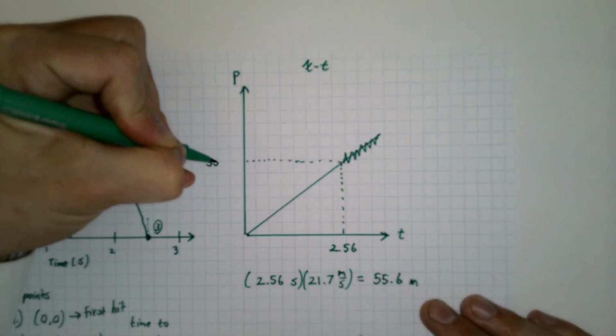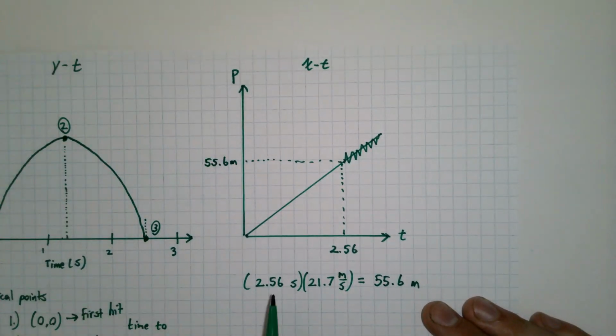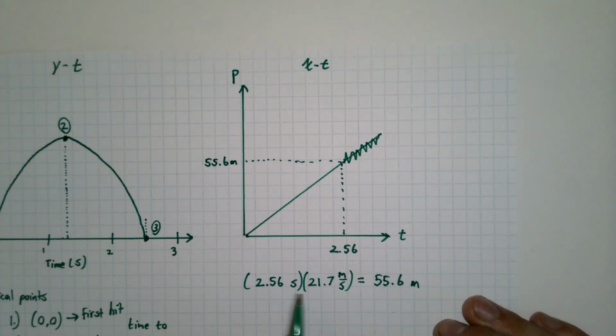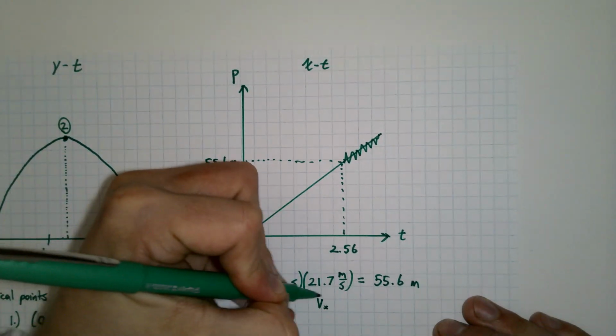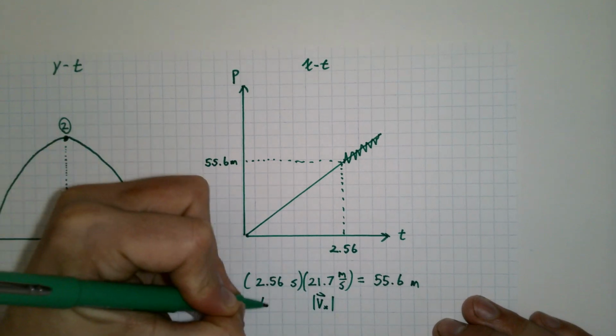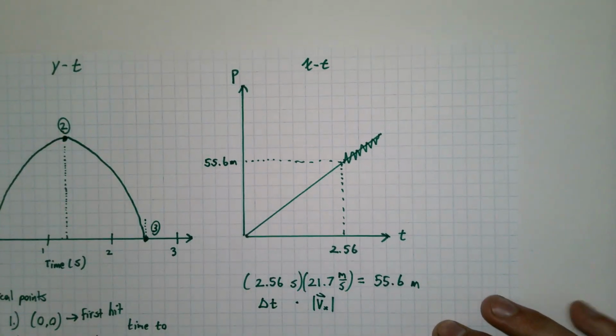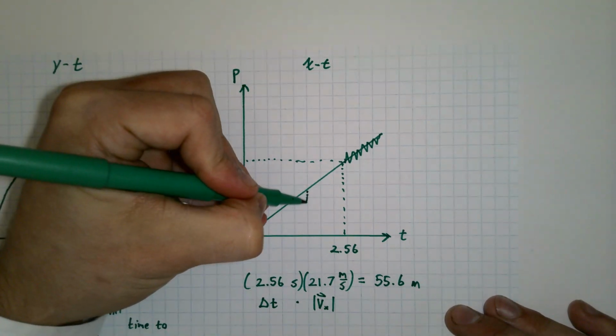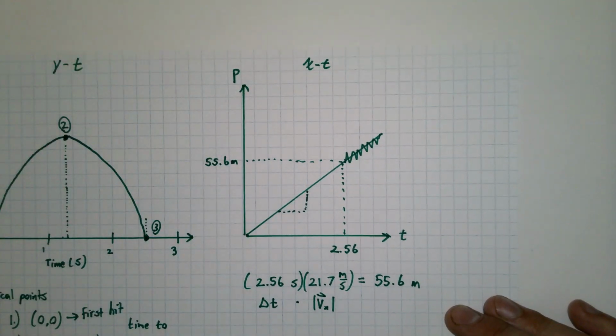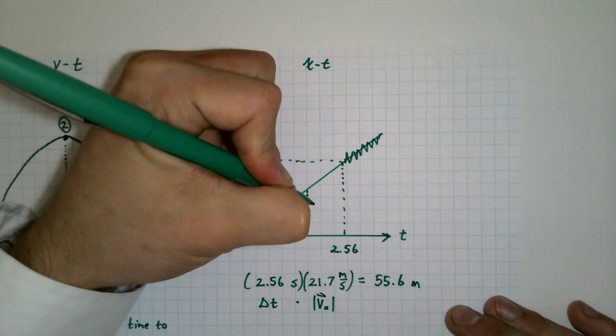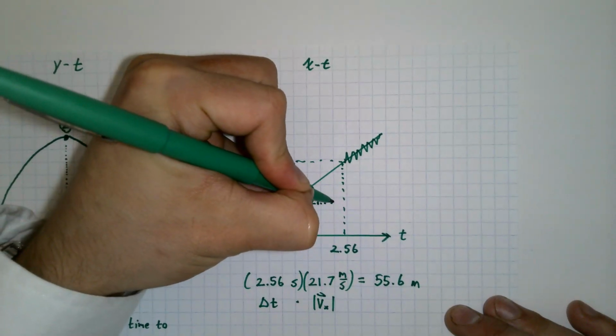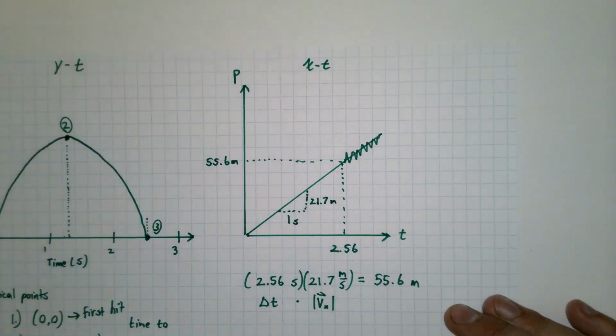So this position would be 55.6 meters, because the whole time the ball was in the air, it was also moving in the x dimension. The slope of this line, which we know for a position time graph is the velocity of the object, should be 21.7 meters for every 1 second.